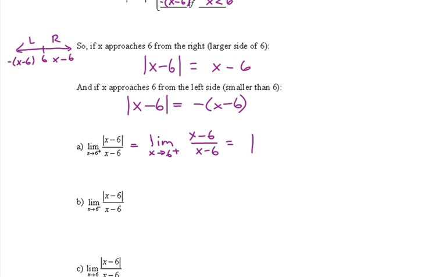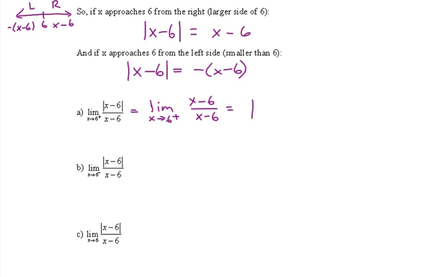Good. Now let's look at the left-hand side. From the left-hand side, this would be a negative value, so we'd have to multiply it by negative. So what is it approaching? Negative 1. So from one side, it's approaching positive 1. The other side, it's approaching negative 1.